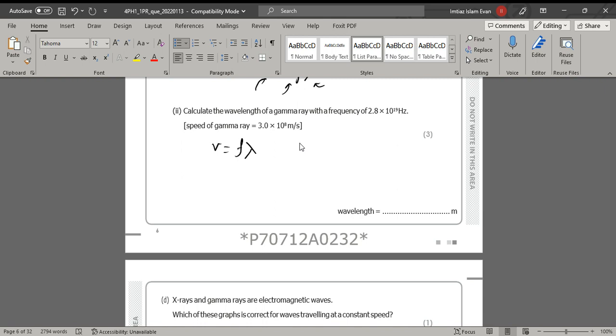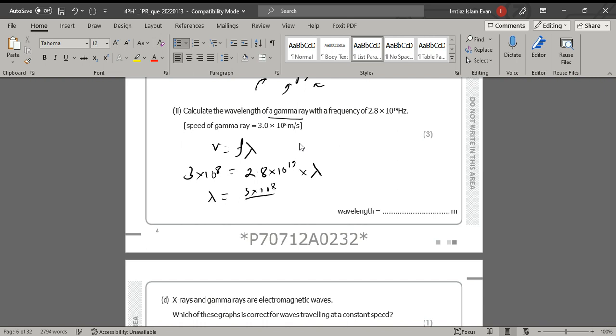Since this is an electromagnetic wave, the wave speed should be 3 times 10 to the power 8, equal to the frequency 2.8 times 10 to the power 19 multiplied by the wavelength, which is lambda. So lambda should be equal to 3 times 10 to the power 8 divided by 2.8 times 10 to the power 19.